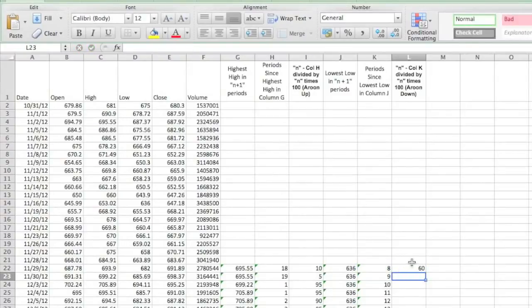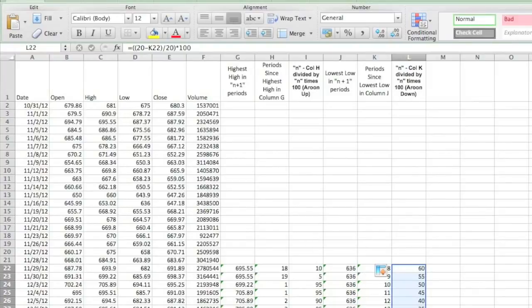We get 60. Just by looking at these two values, 60 and 10, you see that there's more downside factored in than there is upside. That's why they move opposite of each other.